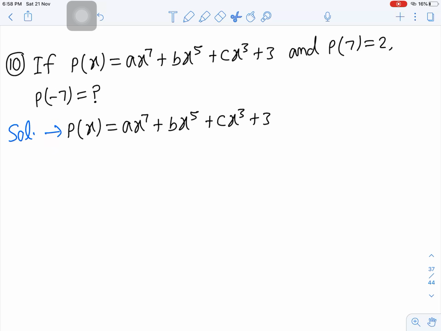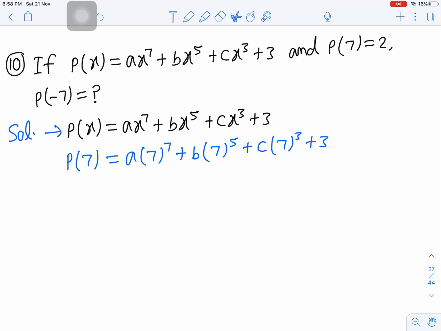Okay, now first of all, if you substitute x equal to 7, so you will get a into 7 to power 7 plus b into 7 to power 5 plus c into 7 to power 3 plus 3.